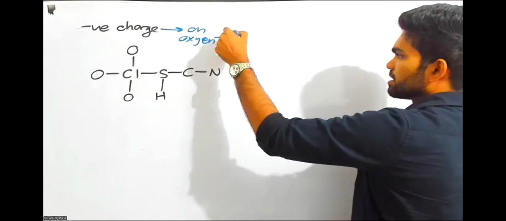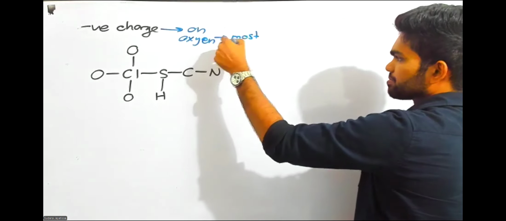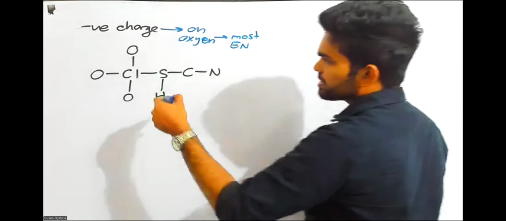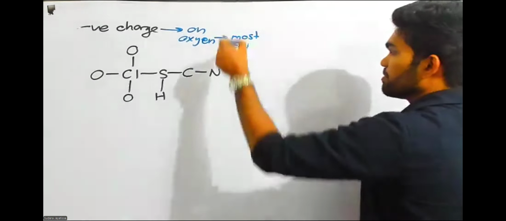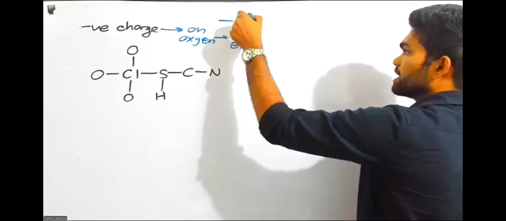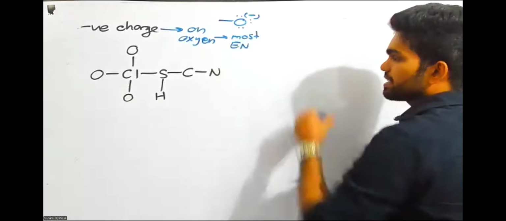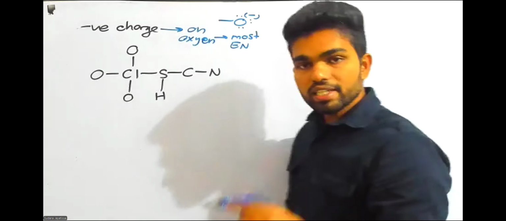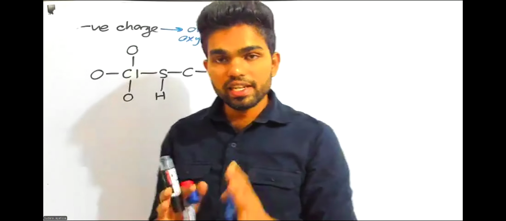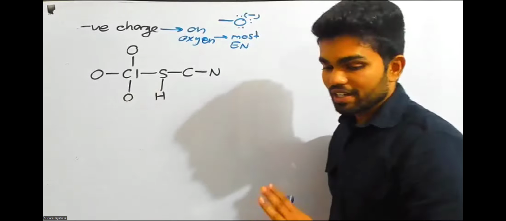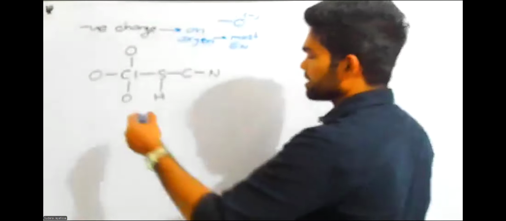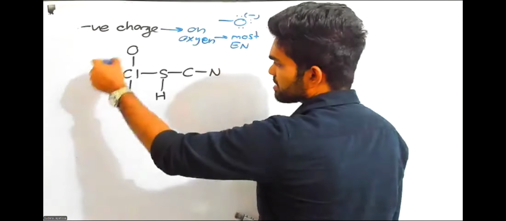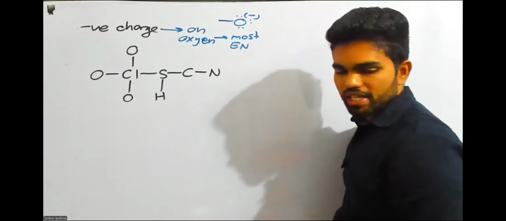So then you can keep this negative charge on oxygen. When oxygen keeps a negative charge, it keeps 3 lone pairs and doesn't make any double bond. When oxygen doesn't keep any negative charge, then it makes a double bond. Understand now? So now you can understand how these 3 oxygen atoms make bonds.